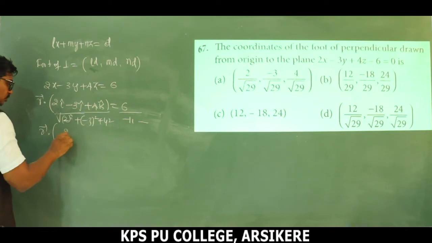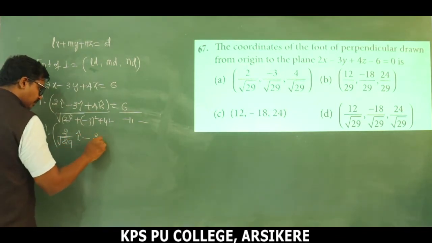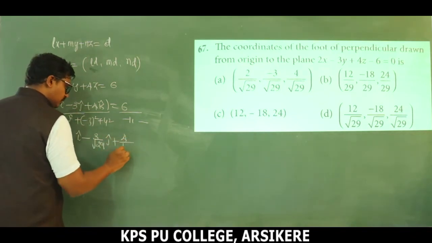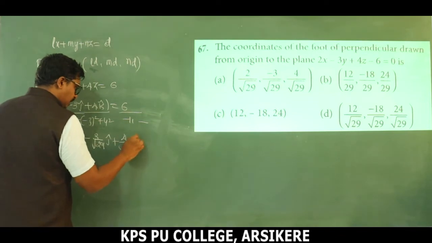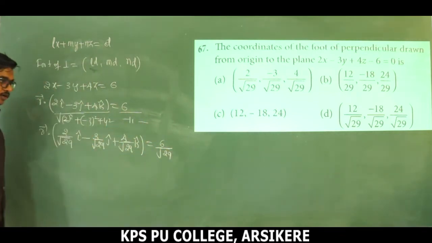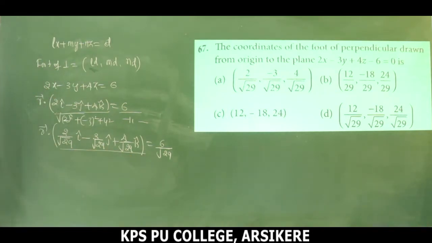That becomes 2 divided by root 29 into i cap minus 3 divided by root 29 into j cap plus 4 divided by root 29 into k cap is equal to 6 divided by root 29, with the same denominator. So now this reduces as n cap.